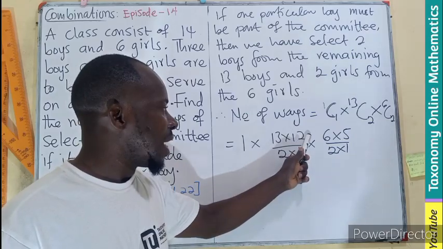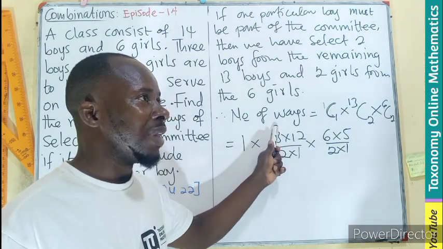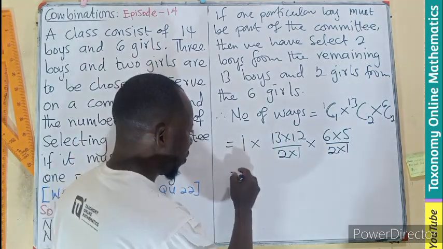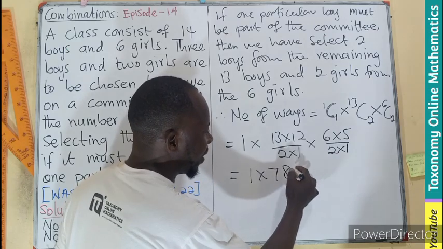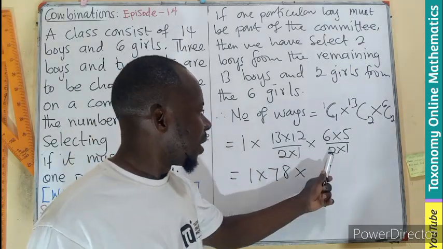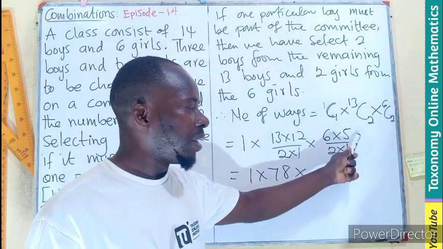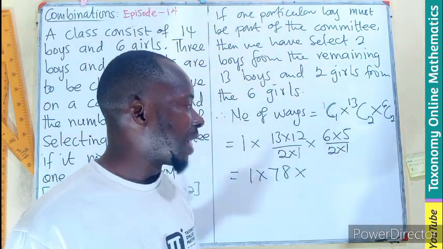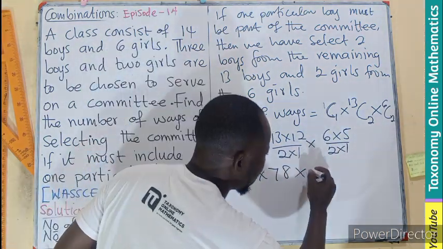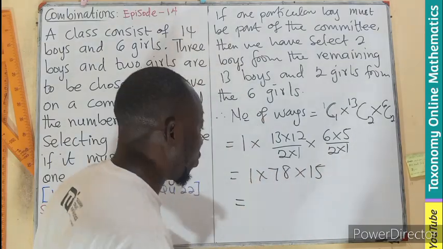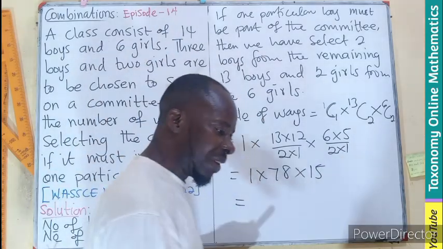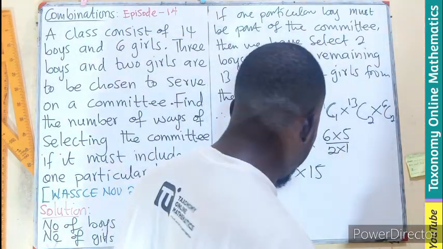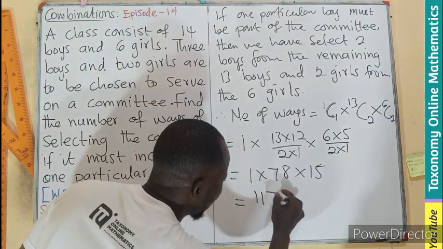Now 6 times 13 will be 78. So 1 times 78, and 2 cannot go, so 2 will go here, 3. 3 times 5 will be 15. So we need to multiply 15 by 78, and 15 by 78 will give us 1170.